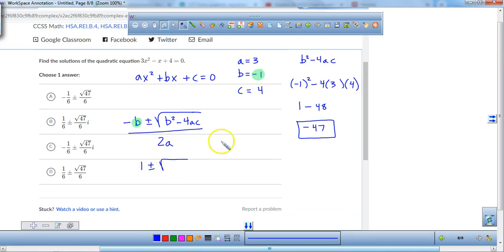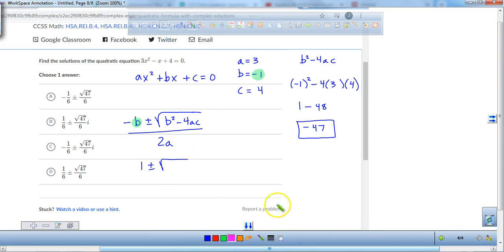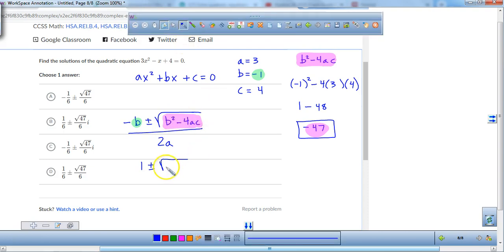Plus or minus the square root. We already found our discriminant. Our discriminant is right here. You'll notice this b squared minus 4ac is this part in the formula right there. So we know our b squared minus 4ac, our discriminant, ends up becoming a negative 47 all over 2 times my a value. So 2 times 3 is 6.